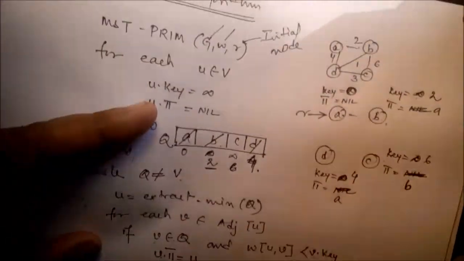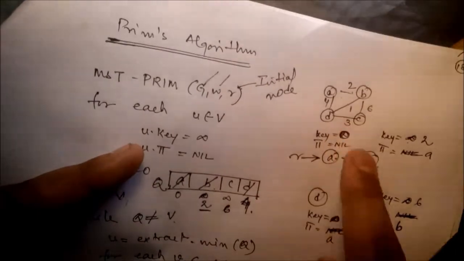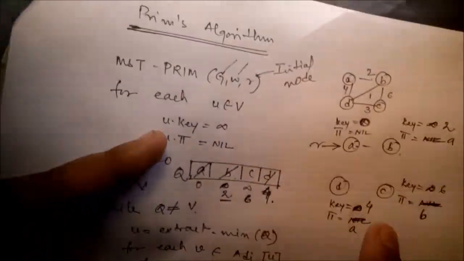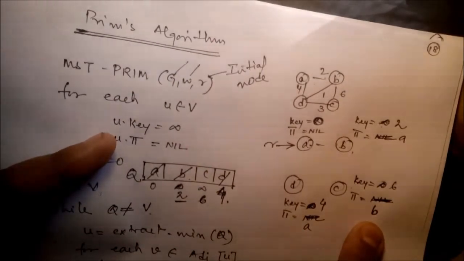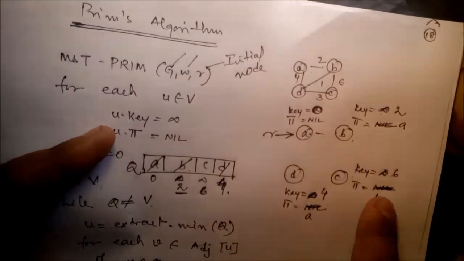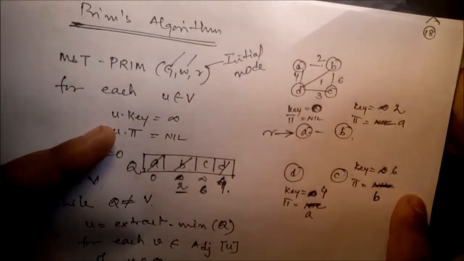The weight between D and C is 3, and the present key value is 6. So this 6 value is more than 3, so we have to update this one.